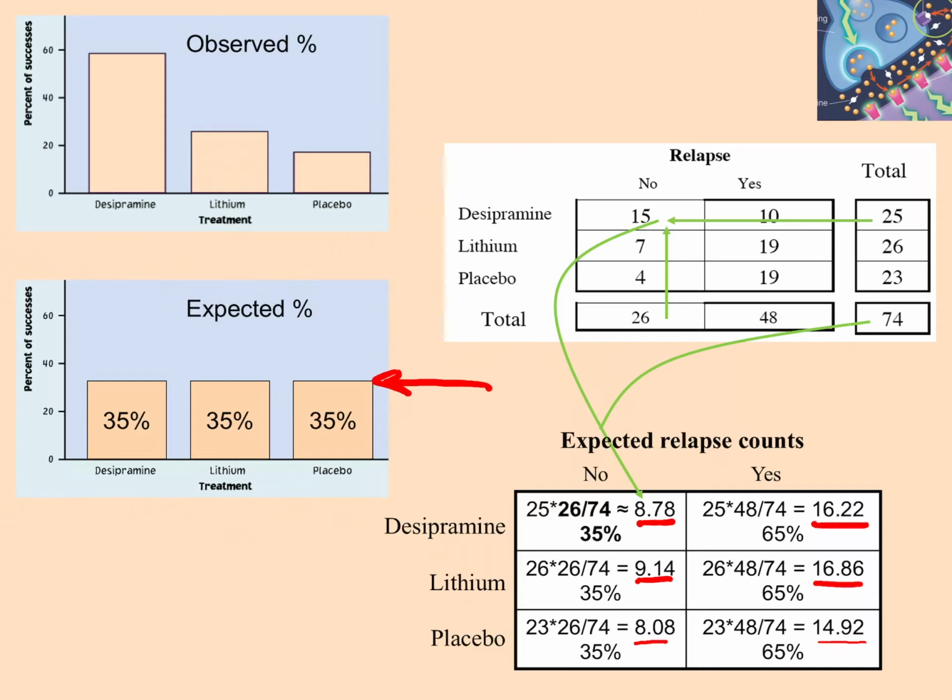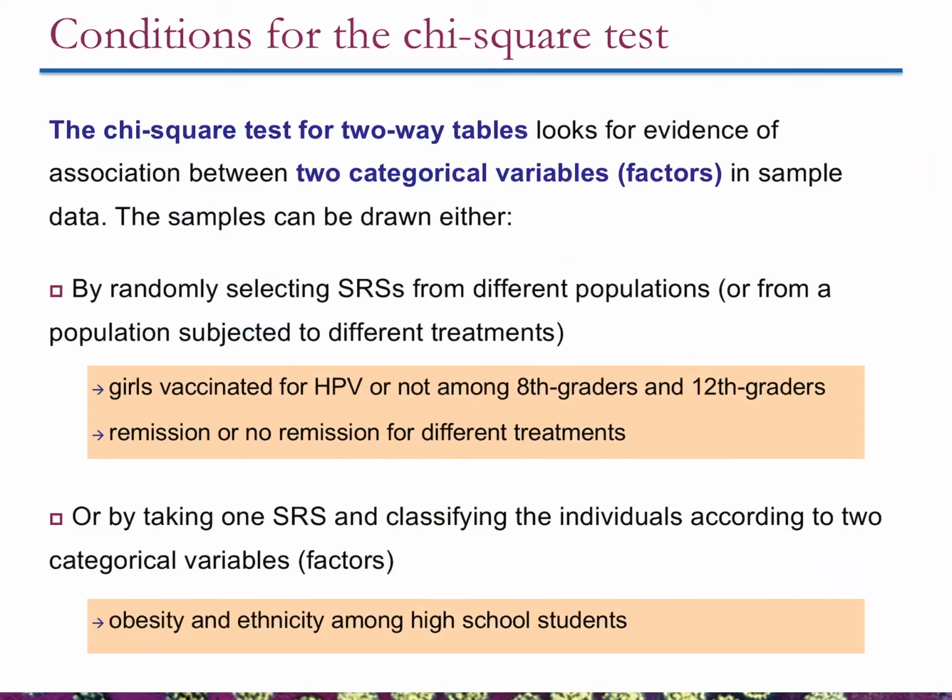Okay, so basically, what we're looking at here is a situation where none of the drugs is effective, really, or if any of them are effective, they're all effective at the same level. That's our null hypothesis. And we're looking to see if our expected counts meet up with those expectations, okay? Or I'm sorry, our observed counts meet up with those expectations. And that's the whole point of the chi-square analysis.